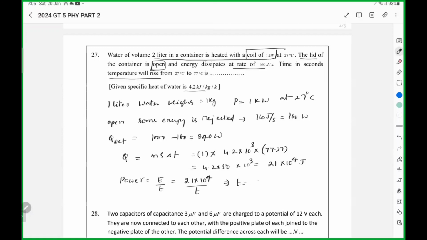The time here is, power utilized to increase the temperature is nothing but, the volume is 2 liters, right? Okay. Which is 500 seconds.